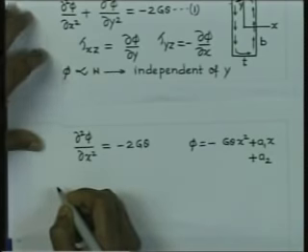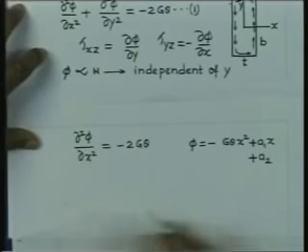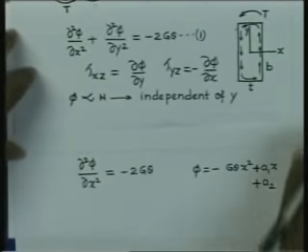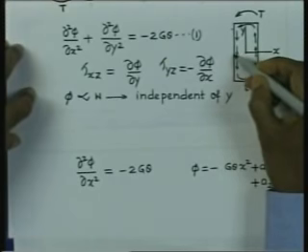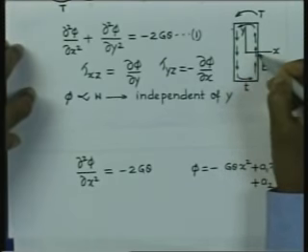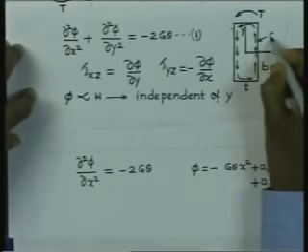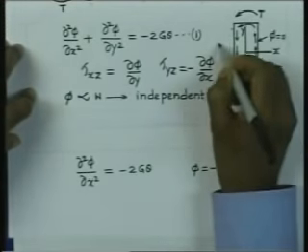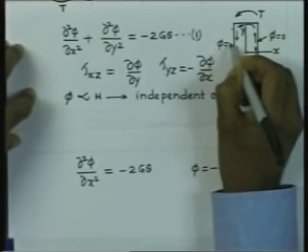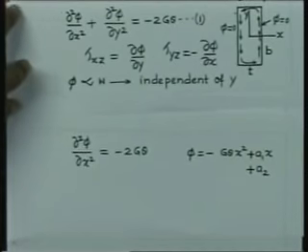How do we get the two constants a1 and a2? We have the boundary conditions that phi is equal to 0 at this boundary, which is x is equal to minus t by 2, and it is also 0 at this boundary, x is equal to plus t by 2. So, we can introduce these conditions.